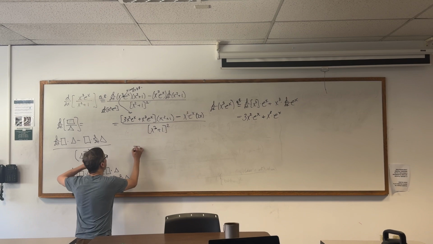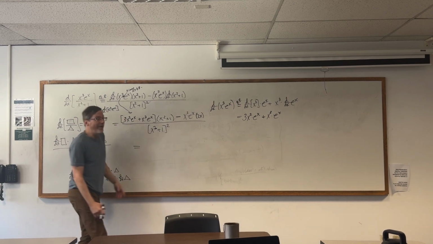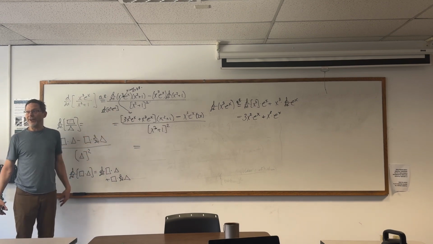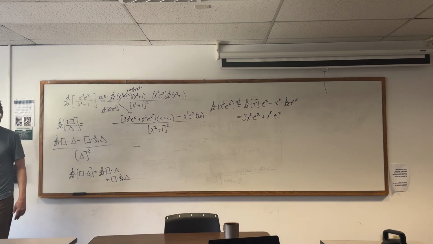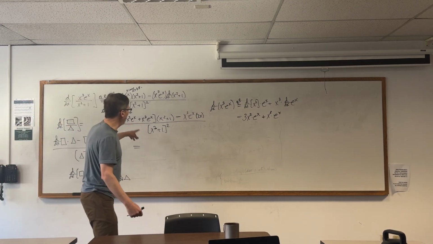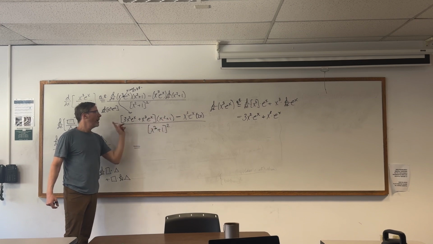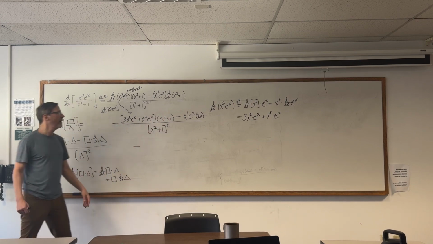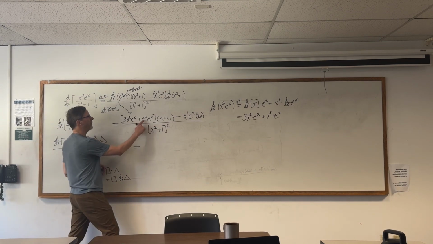So, factoring friends, people jonesing to factor, give me a factoring to do. There's lots of different ways this could go. Give me one. How about here? What about here? What can we do? What could come out of this expression?